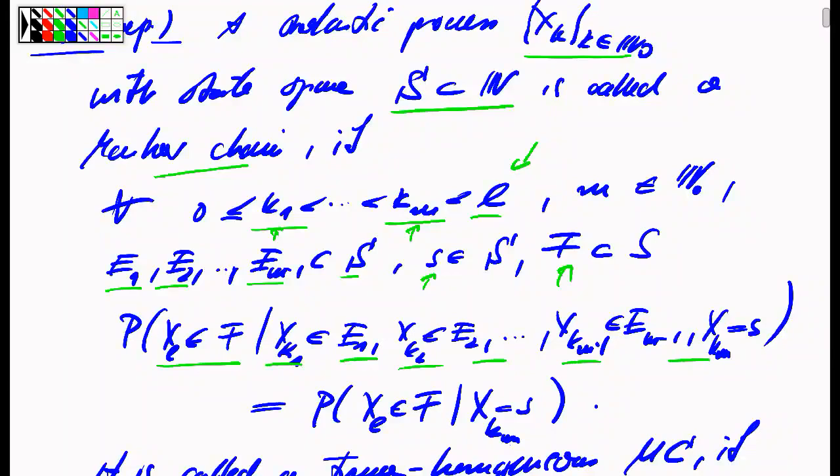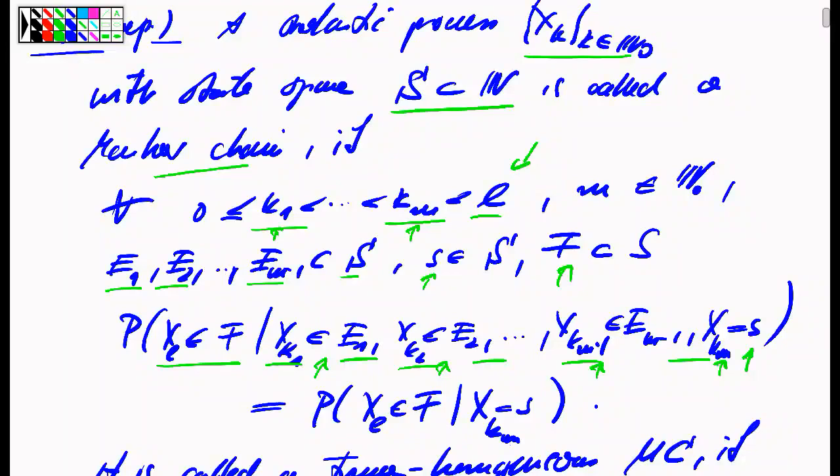Namely, we observed that at moment K1, the process assumed values in the test set E1. At moment K2, the process assumed values in the set of states E2, and so forth. And finally, at the latest of the observation time points, we had observed a precise location of the process, namely that it has attained the state S.